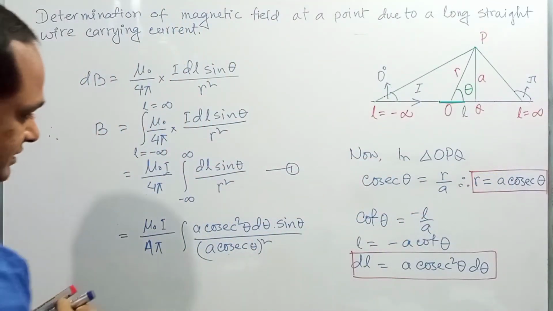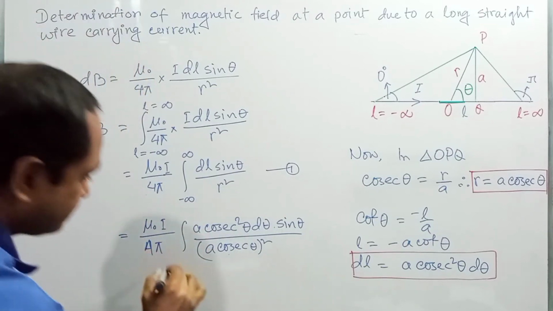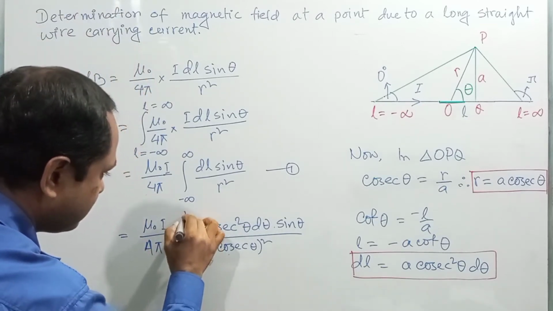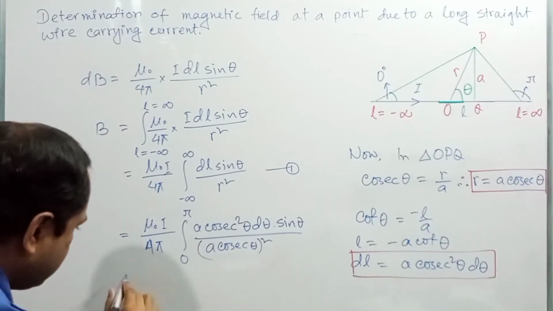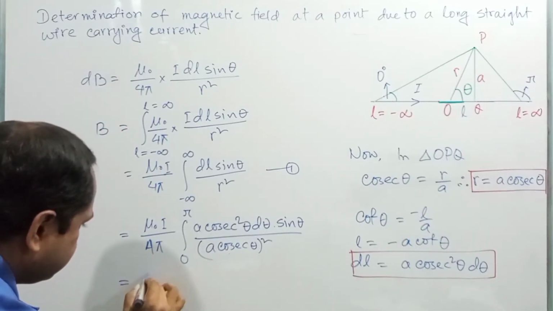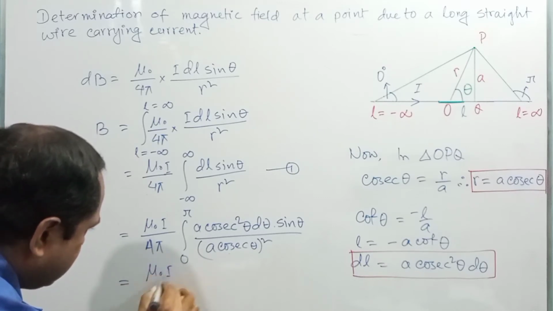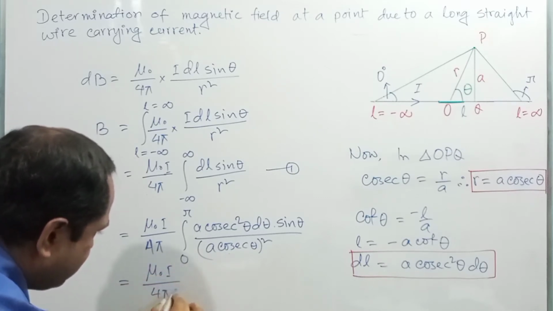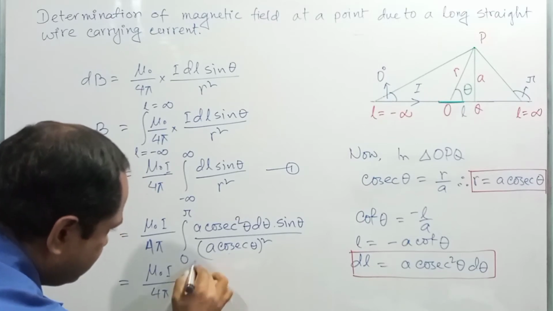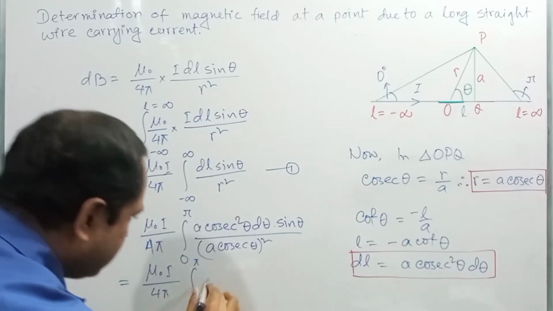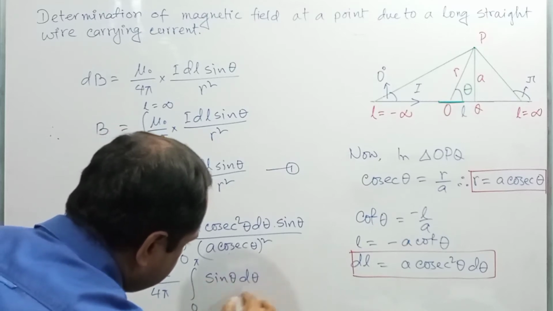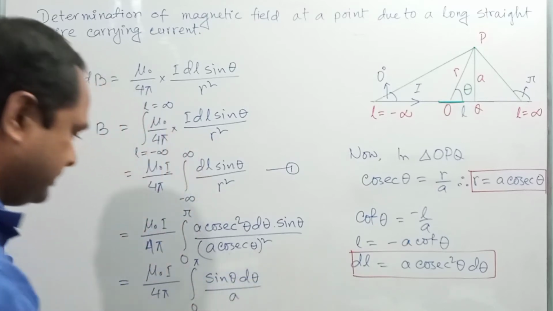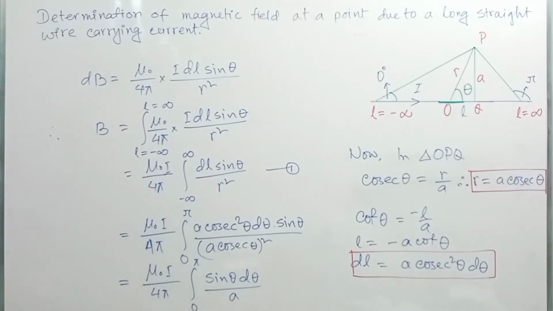So the limit will be changed to 0 to pi. After the calculation we can write mu naught I by 4 pi, integration from 0 to pi of sin theta d theta by a.